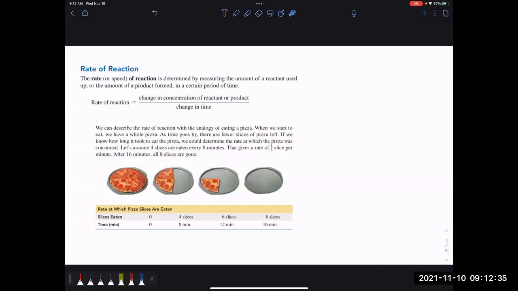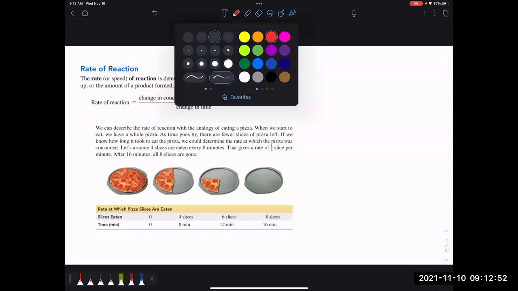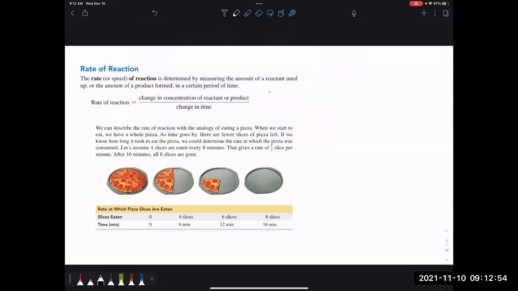The rate or speed of a reaction is determined by measuring the amount of reactant used up or the amount of product formed in a certain time period. So we get a change in the concentration of reactant or product, usually represented as a delta, which we've seen in Q equals mC delta T. So delta T means change in time.